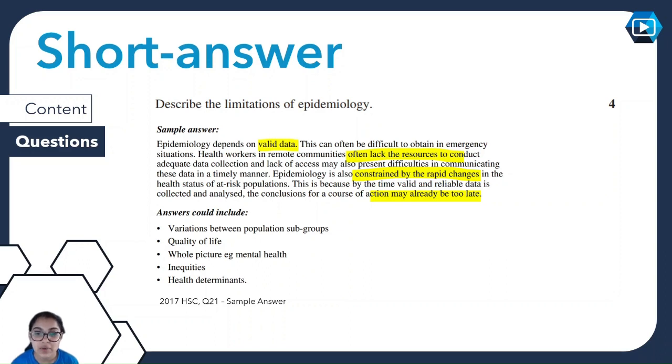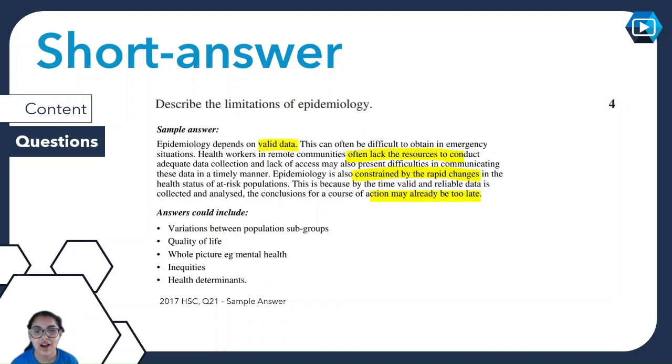Health workers in remote communities often lack the resources to conduct adequate data collection, and lack of access may also present difficulties in communicating these data in a timely manner. Epidemiology is constrained by rapid changes in the health status of at-risk populations. This is because by the time valid and reliable data is collected and analyzed, the conclusions for a course of action may already be late.